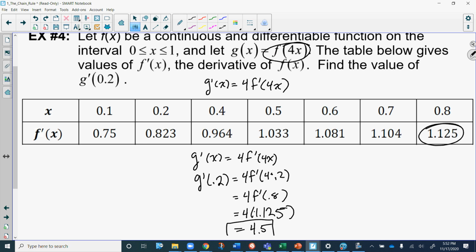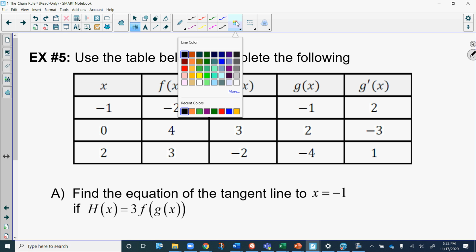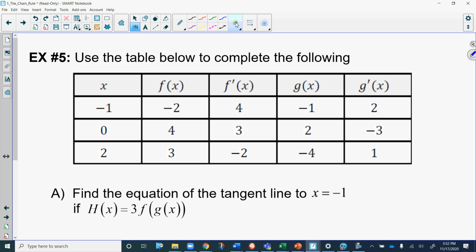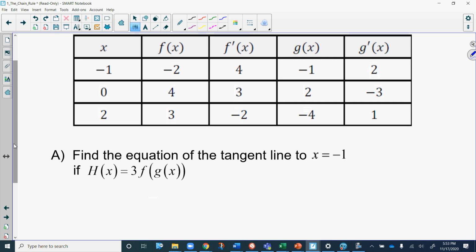So now let's take a look at example 5, where we have this new table. And it's giving us a variety of values. They're giving us 3 input numbers, function f and its derivative values, function g and its derivative values. And in part A, find the equation of the tangent line at x equals -1 if h of x is equal to 3 times f of g of x.